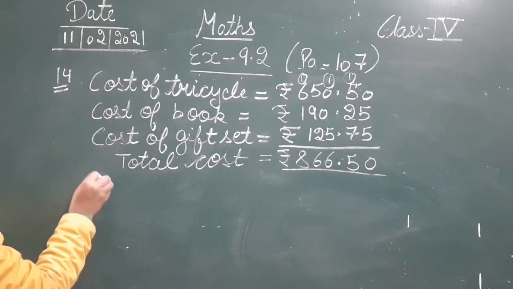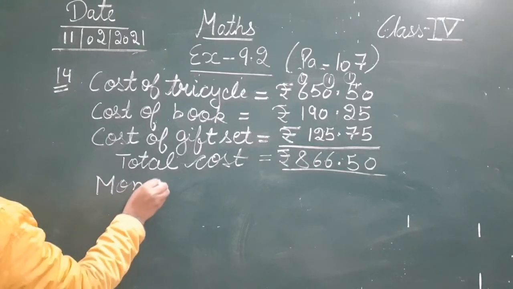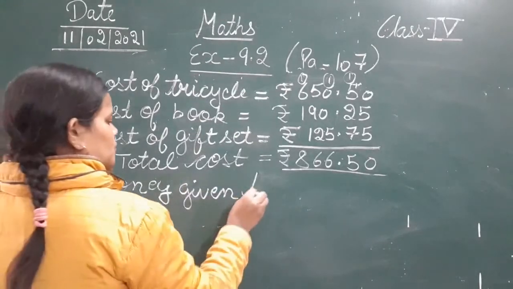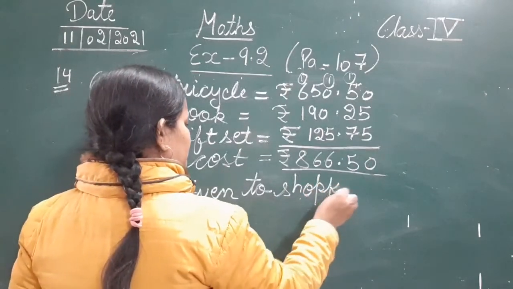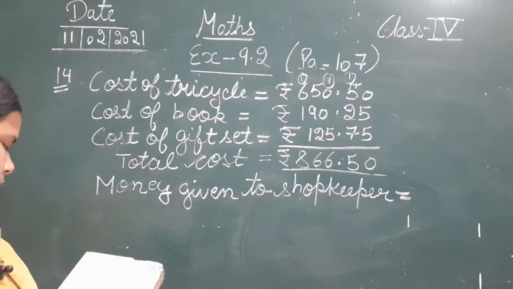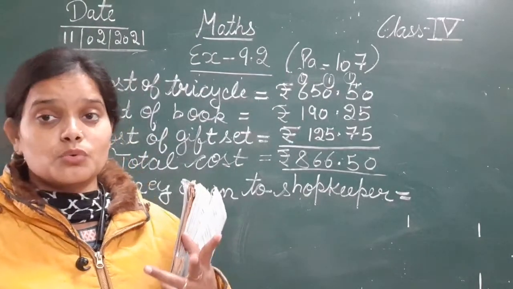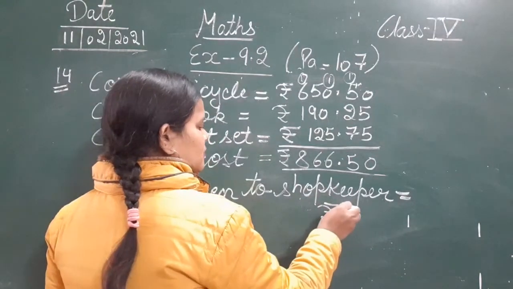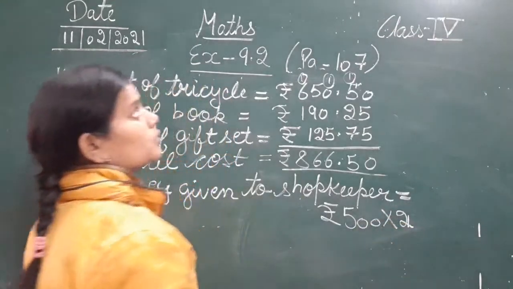The next is the money that she has given to the shopkeeper. Money given to shopkeeper, that we will calculate here. She gave 2 notes of 500 rupees. So for this we will multiply rupees 500 by 2.